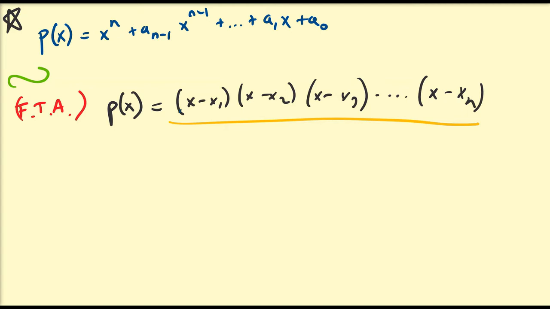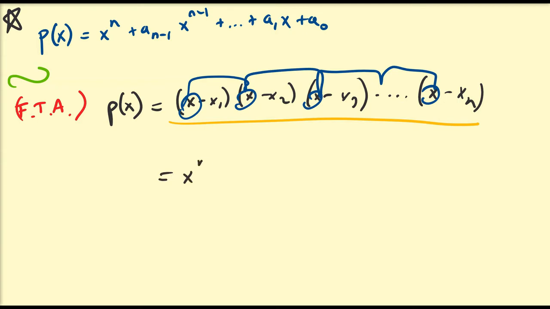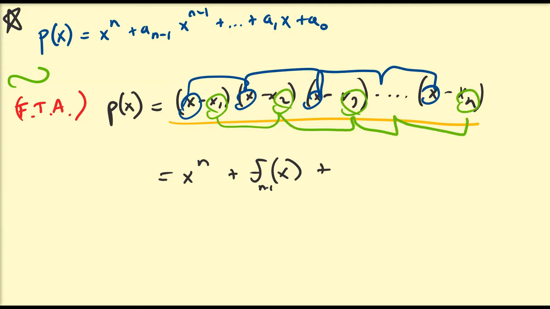So if we multiply the first terms together, there's going to be x times x times x times all of those x's, and namely there are n terms here, so this is going to expand into x to the power of n, plus some function of x in the middle whose degree is going to be n minus 1, and then at the very end we're going to have the product of these coefficients x1, x2, x3 all the way down to xn.